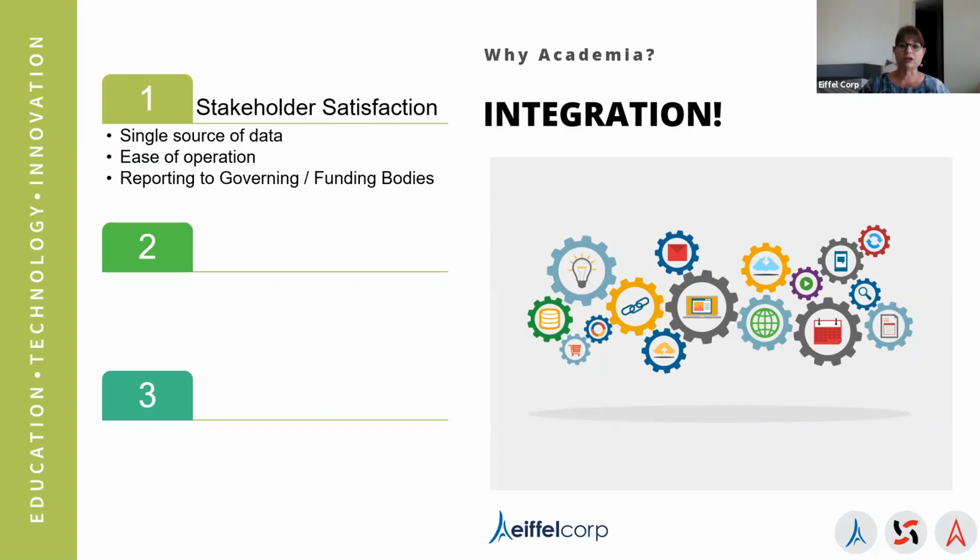And your integration from academia to any of these disparate or third-party plugin systems, we make sure that you have a single source of data to control the quality of that data. It also gives the stakeholders the ease of operation, that they do not have to worry about, and the IT department doesn't have to worry about getting the data from one system to another system in a timely manner.